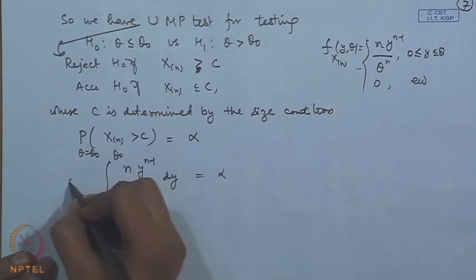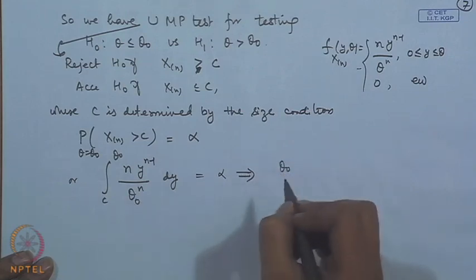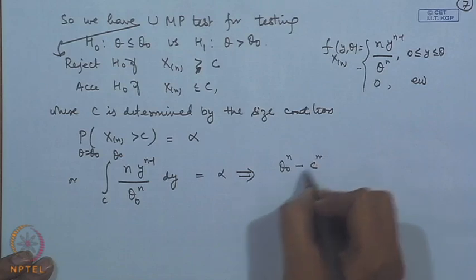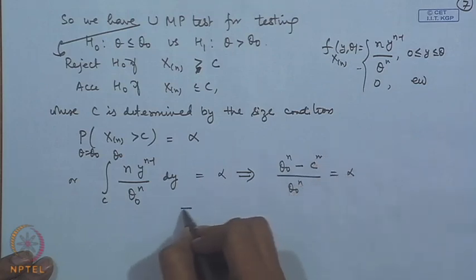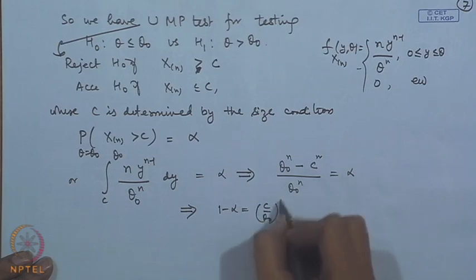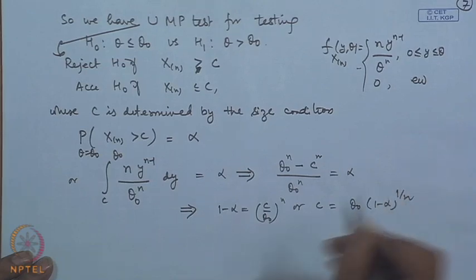This is equal to alpha, which is equivalent to theta naught to the power n minus c to the power n divided by theta naught to the power n is equal to alpha. Now, this can be further simplified. We get 1 minus alpha is equal to c by theta naught to the power n, or c is equal to theta naught into 1 minus alpha to the power 1 by n.